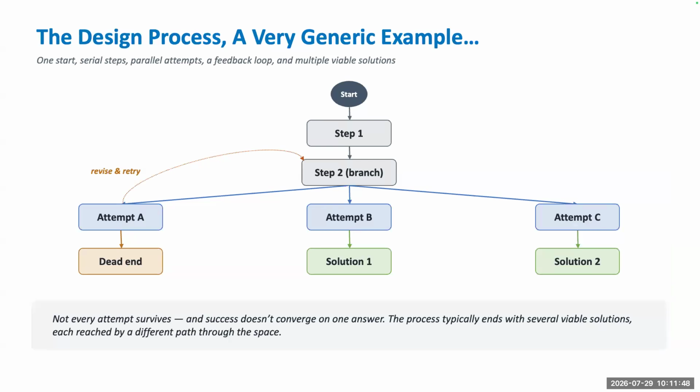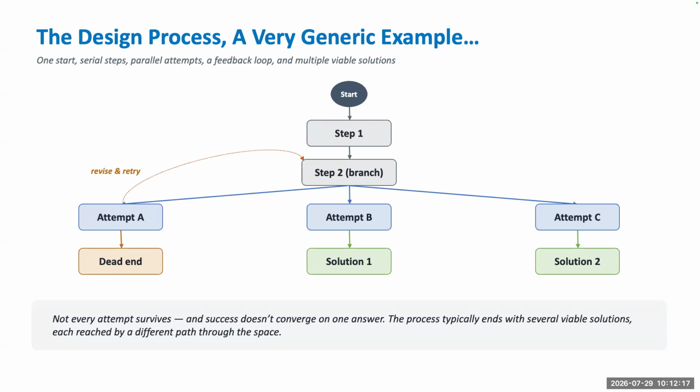This is maybe an abstract. You could draw this picture many different ways, but this is an example of what you might do in a design process. There might be some common steps to start off that are more like calculations, and then you move into what could be, from a human perspective, more of a trial and error, maybe not so precisely defined process, and you might try multiple attempts in parallel.